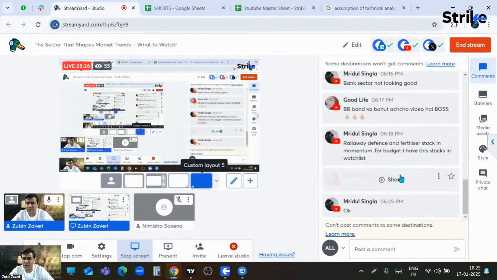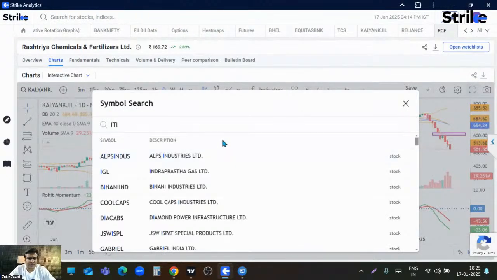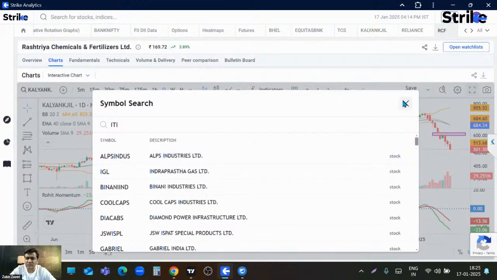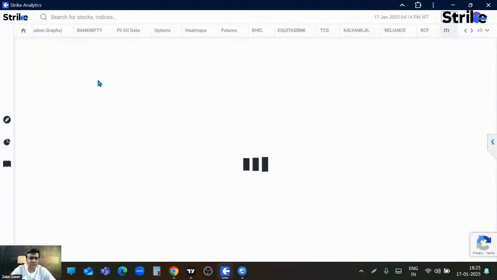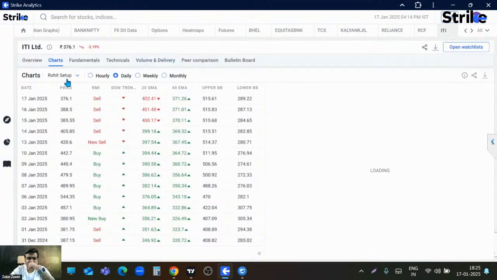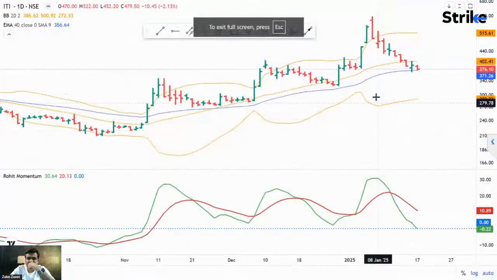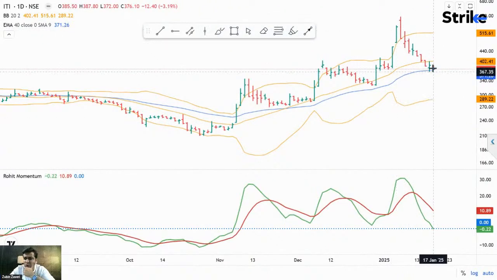ITI stock. Okay, let me look at ITI. So ITI on the daily chart has corrected from the upper band and went below the median line, taking support from the 40-day exponential moving average.